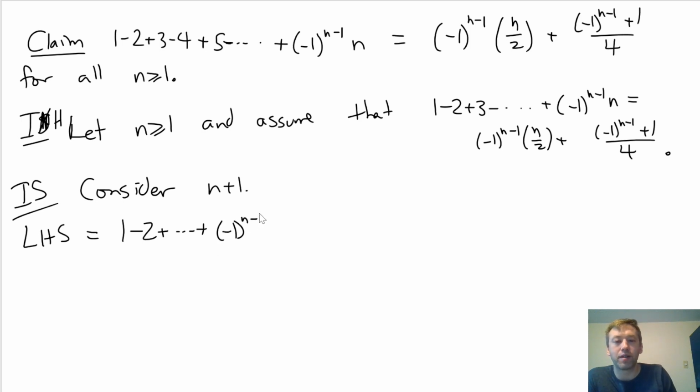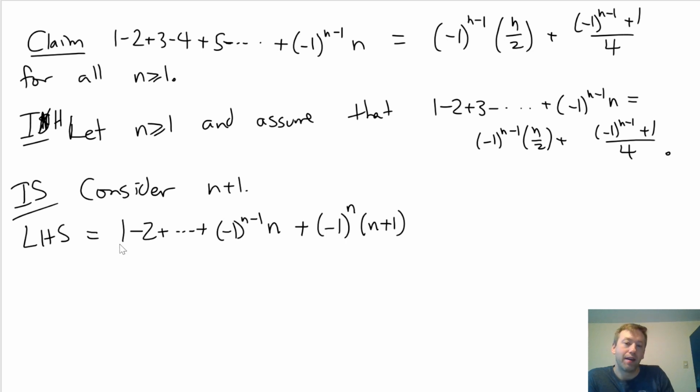Let's write negative 1 to the n minus 1 times n plus negative 1 to the n times n plus 1. Right, because this is what I get if I plug in n plus 1 for n.